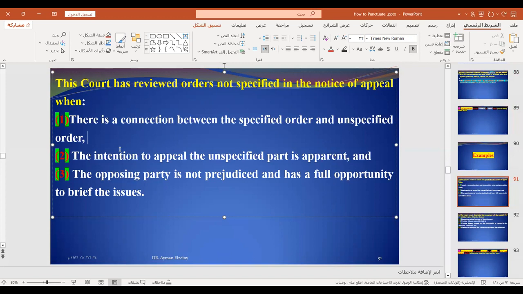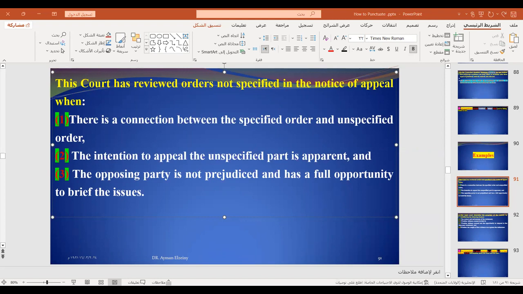There is a connection between specified order and unspecified order, comma. The intention to appeal the unspecified part in appeal and opposing a party is not predicated to prejudice, had full opportunity to brief the issues.